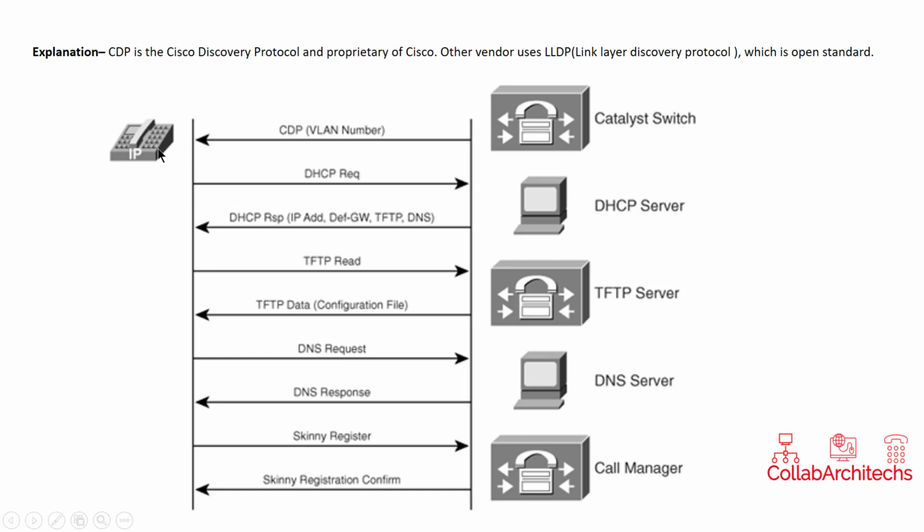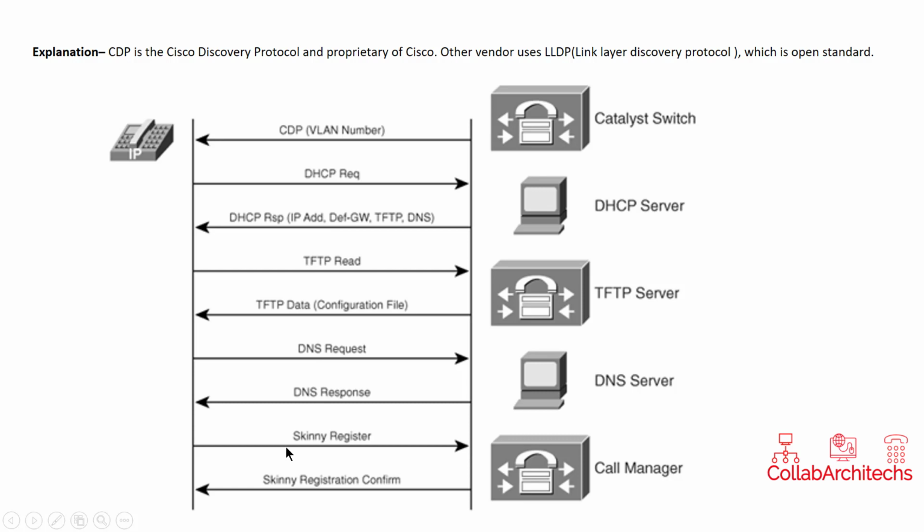Once the IP phone is connected to the switch, it will get powered up if the Ethernet switch is PoE enabled. Using the CDP protocol, it will get the network information like VLAN number. After that, it will send the DHCP request to get the IP address, whether it is a dynamic IP address or a static IP address. After that TFTP happens, DNS happens.